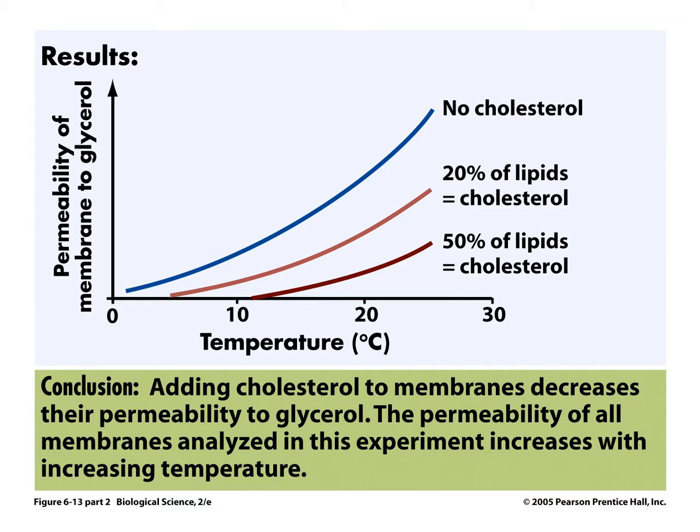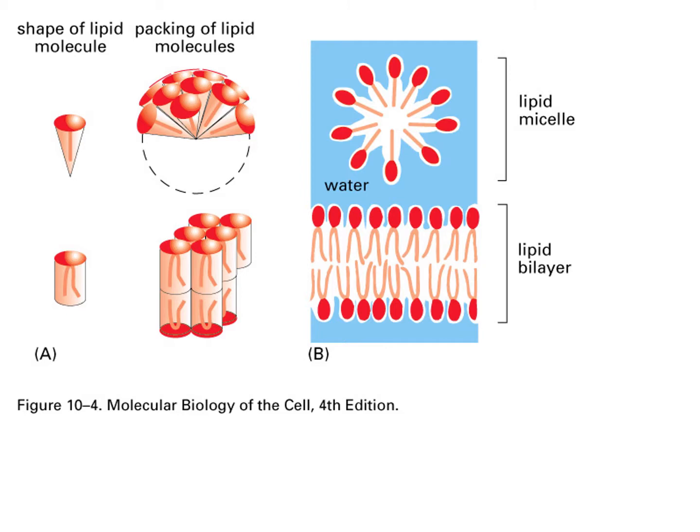And there's a temperature aspect as well. So the higher the temperature, the more fluid, even with 50%, but it's nothing like having no cholesterol there. And like I said, putting phospholipids in the water, they will tend to form this micelle structure.